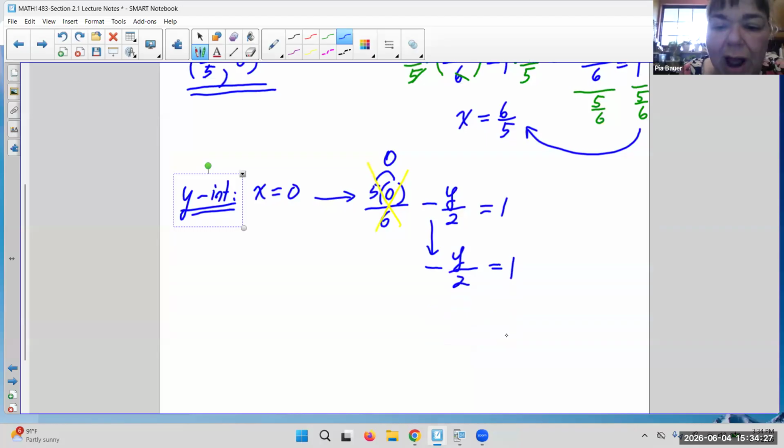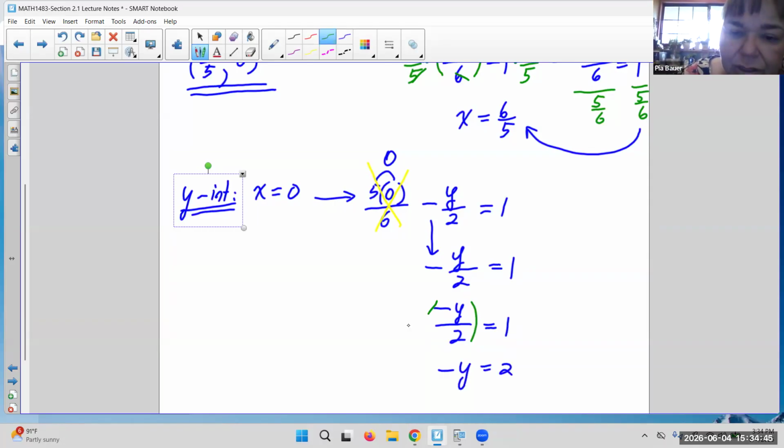So if you think of it as a negative y over 2, and then multiply both sides by 2. You could do it that way. That will give you negative y equals 2. Like here, just think about 2 times that and 2 times that.